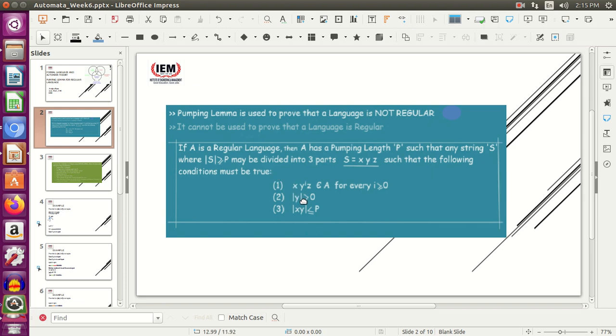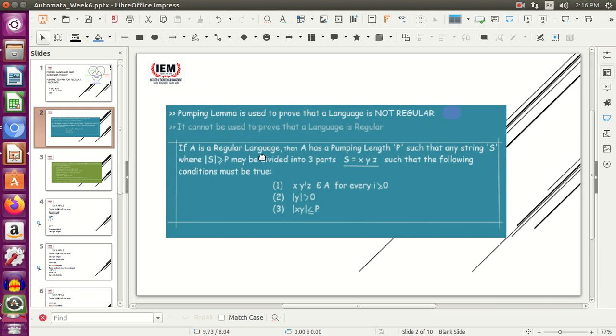The first condition is x y^i z is an element of A for every i greater than or equal to 0. Length of y is greater than 0, and length of xy is less than or equal to P. So if a language is regular, then these conditions should be satisfied under the pumping lemma.